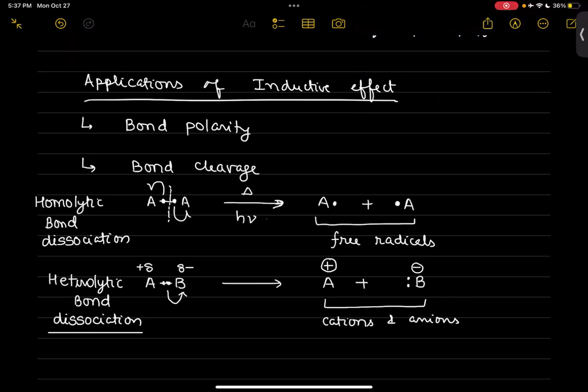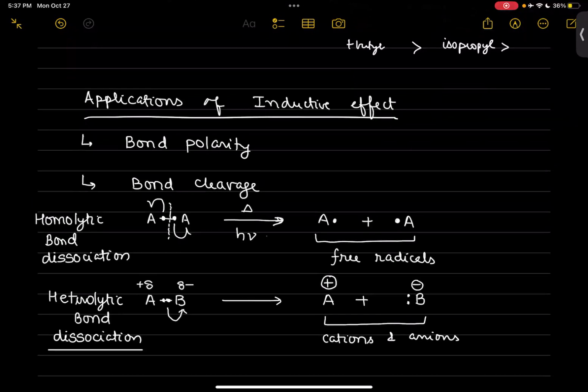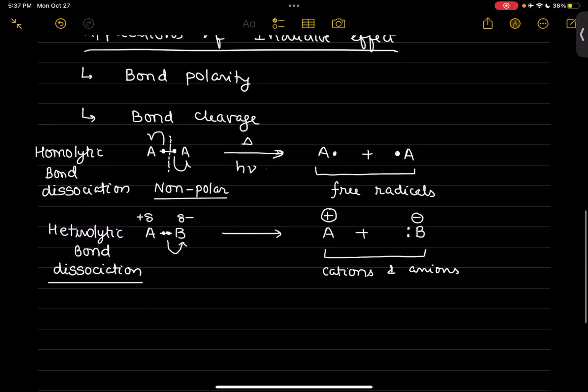So bond polarity, we consider, arises because of the electronegativity difference or because of the inductive effect. And if all the atoms are same, such a bond will be called a non-polar bond, as you can see here. And if there is electronegativity difference, it is called a polar bond.